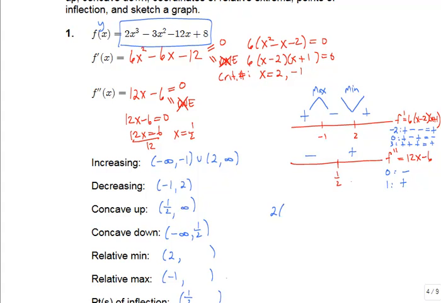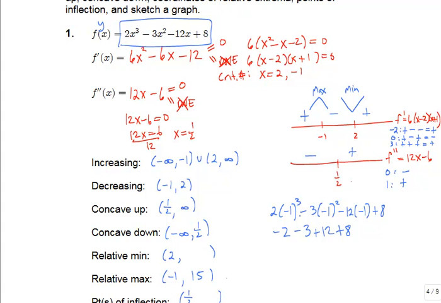So that would be 2 times -1 cubed minus 3 times -1 squared minus 12 times -1 plus 8. A negative cubed stays negative, so this will be -2. A negative squared becomes positive, but I have that minus in front of the 3. Minus 12 times minus 1 is plus 12. So this is going to be 20 minus 5, which is 15.